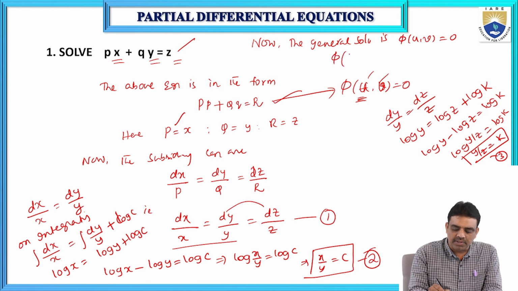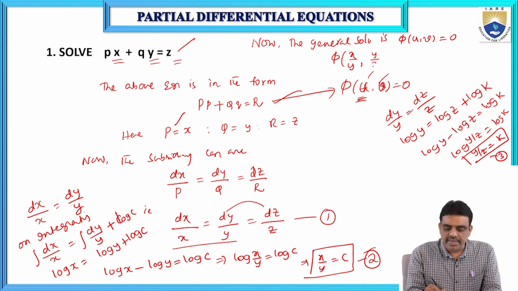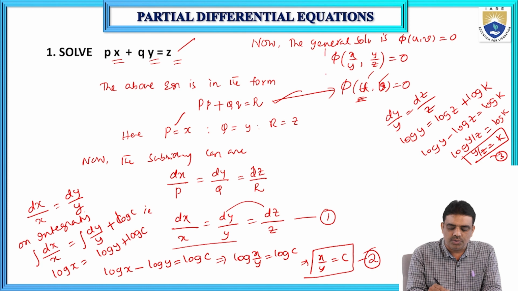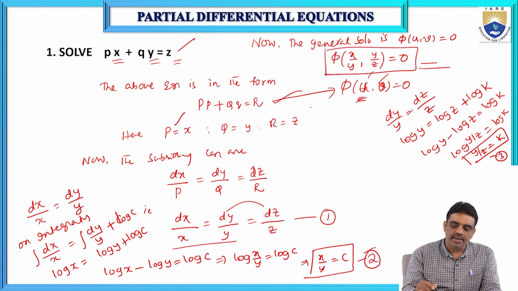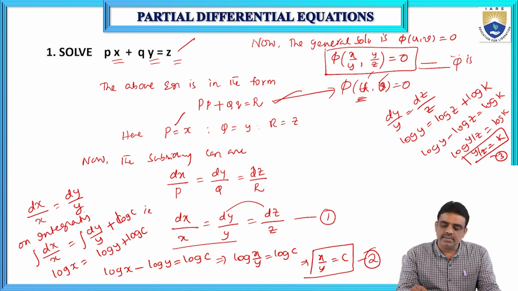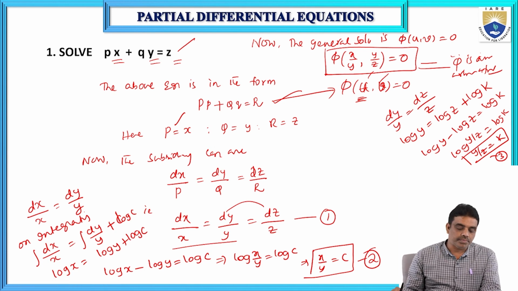That is, phi of the first solution x by y and the second solution y by z is equal to 0, which is the required solution of the given equation number 1, where phi is an arbitrary function.